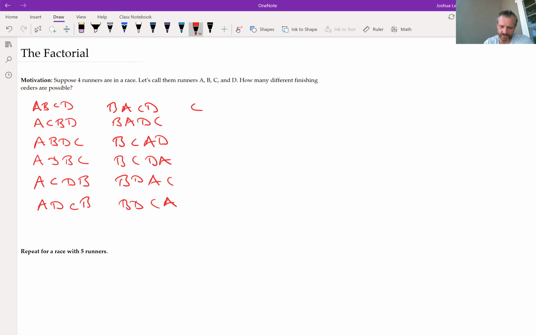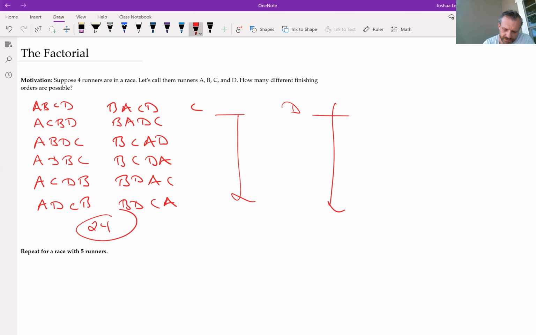You can kind of see that if we let C be first and then D be first, we'll have 4 of these, right? And each of these has, let's see, how many? 1, 2, 3, 4, 5, 6. So if I were to do these as well and then count, I'd have a total of 24.